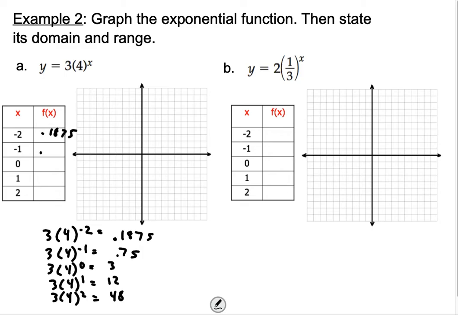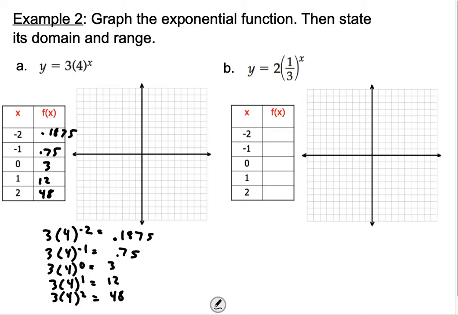So 0.1875, 0.75, 3, 12, and 48. Obviously, when you do the 2, you're not going to be able to literally put 48 on there. It's too big. So we'll just do the first 4 there.